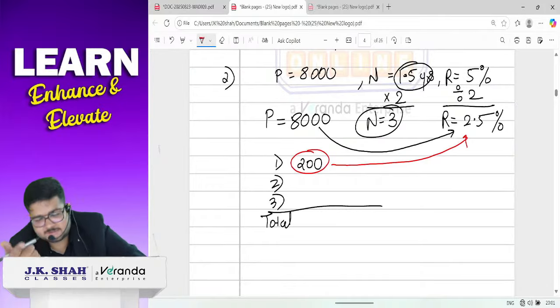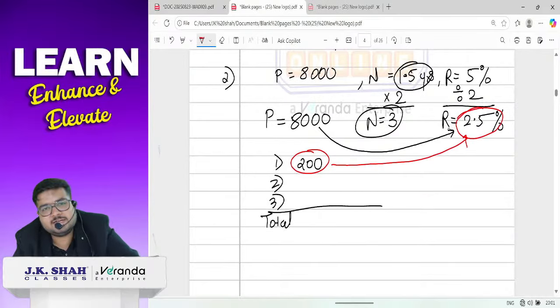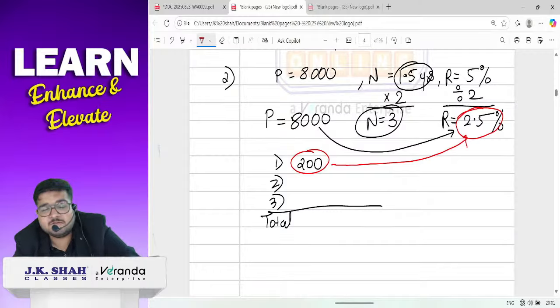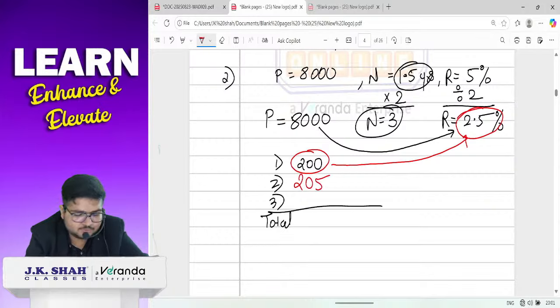Now in English, find out 2.5% of 200 and add that to 200. How will we calculate again? 2.5%: 10%, half. So 200 का 10% is 20. 20 ka half is 10, 10 ka half is 5. So I will add this 5 to 200. So second year ka interest is 205.